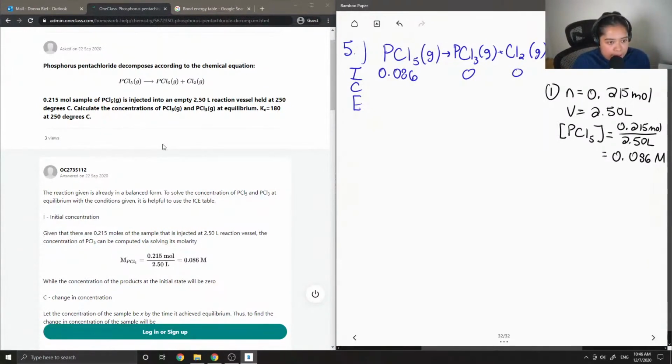The change in the concentration of our reactant is -x, and the change in the concentration of our products is +x. So lastly, at equilibrium, it will be 0.086 minus x, and the concentrations of our products will just be equal to x.